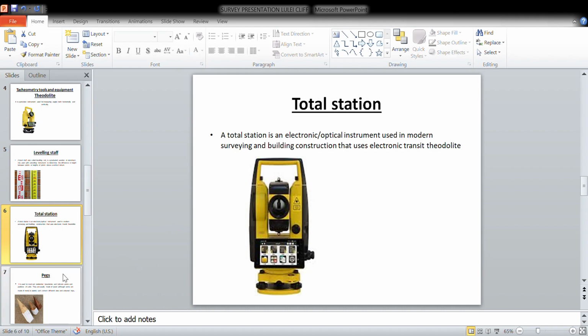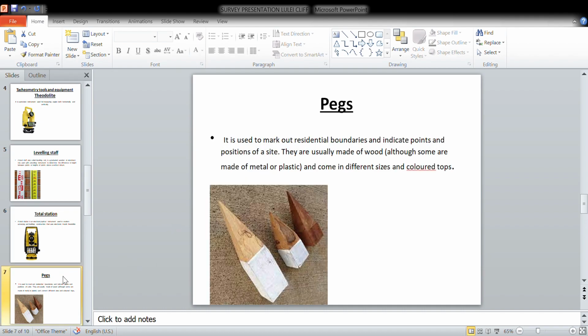We shall proceed to defining the other tool, which is the peg. A peg is a tool used to mark out residential boundaries and indicate points and positions of sites.